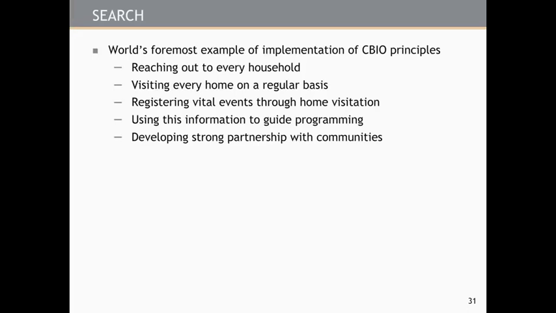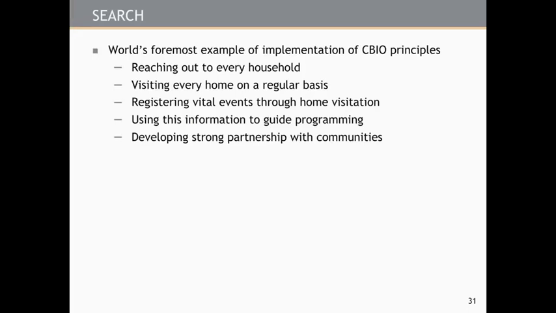But another example of CBIO principles that the Bangs have implemented here is that it involves responsiveness to the community's priorities, which may not be epidemiological priorities. So in this case, in their process of building a partnership with the community, they learned that alcoholism was a strong priority, particularly of the women, because so many of the men were abusing alcohol with destructive effects for themselves and their families.